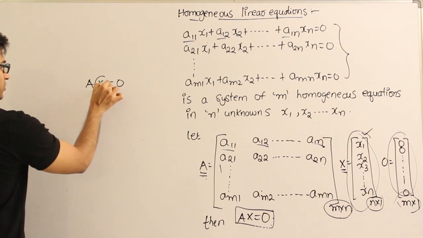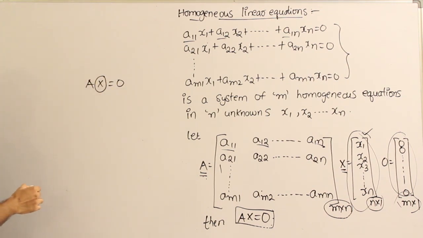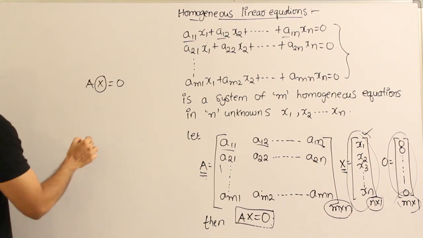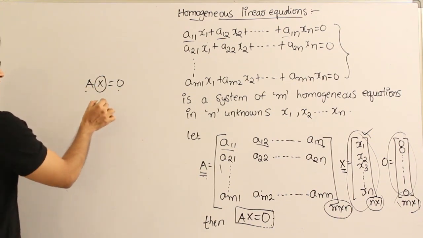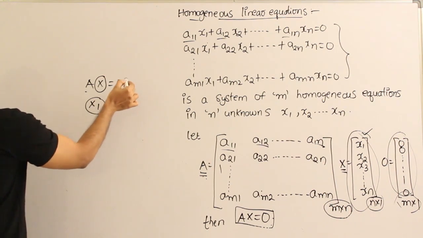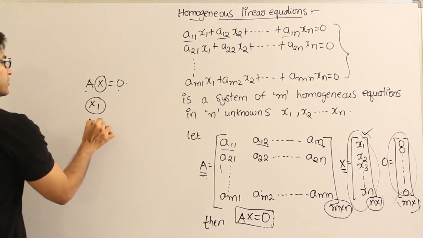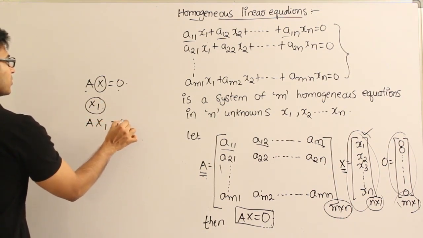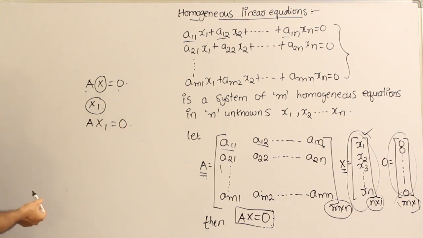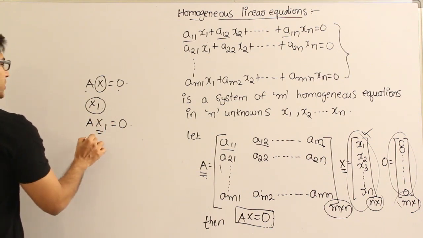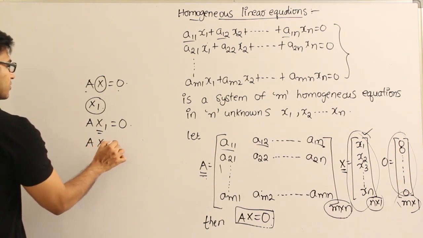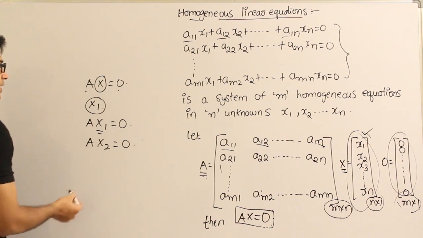And we are supposed to find the values of X. Let us say I found that there is a solution X1 which satisfies this, which means if X1 is a solution, then X1 should definitely satisfy this equation. What does it mean? A into X1 is equal to 0, right? And now if you have one more solution X2, then X2 will also satisfy it, which means A into X2 equal to 0, right?